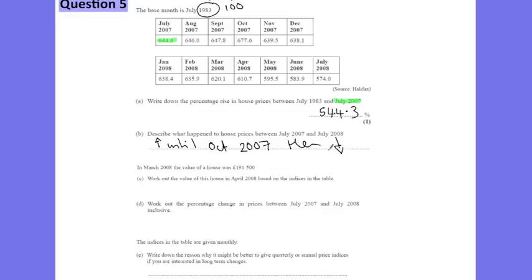In March 2008, the value of a house, that's the real price, was $191,500. So we're looking here at this index value. We're asked to work out the value of this house in April 2008 based on the indices in the table.